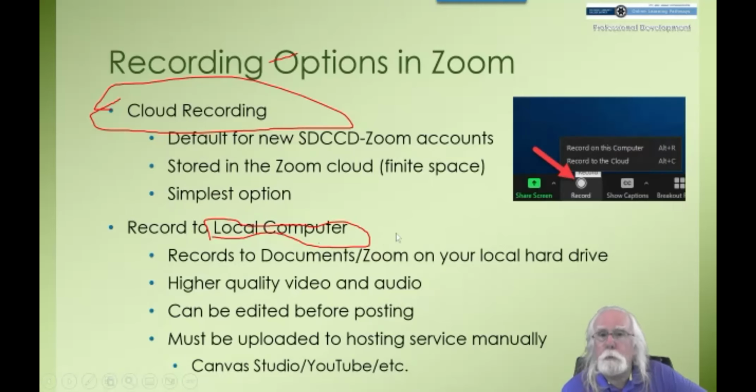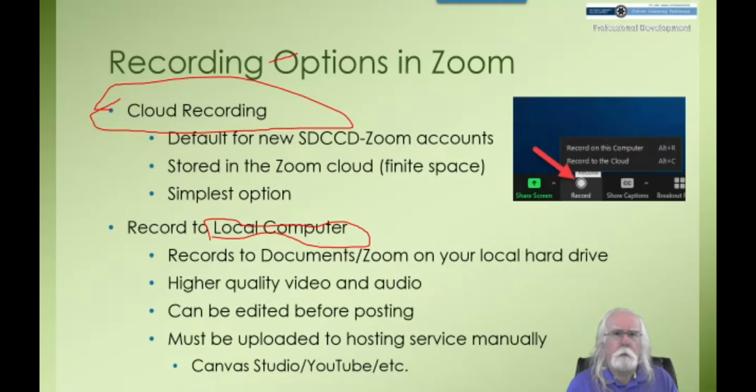So recording to your local computer ends up with a video file, among actually several files, but among them a video file containing your sound recording as well, that is stored on your local computer.